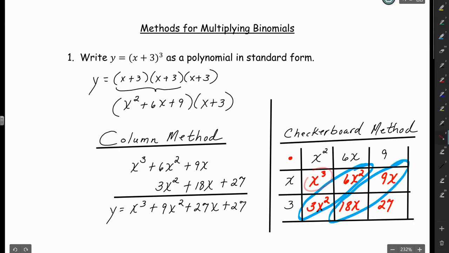So we have x cubed. Then we have 3 plus 6, which is 9x squared. Then we have 9x plus 18x, that gives us 27x. And then we have 27.